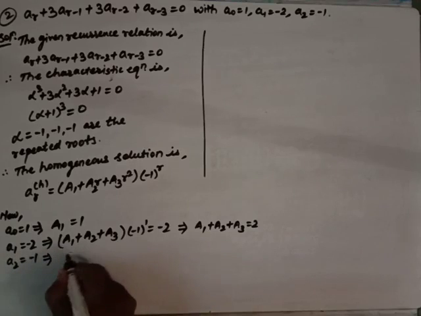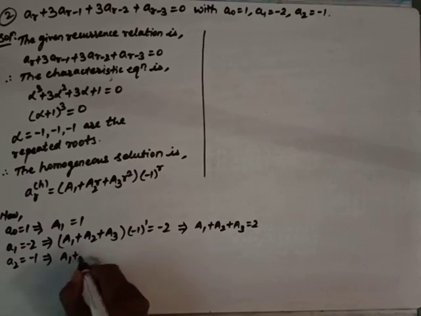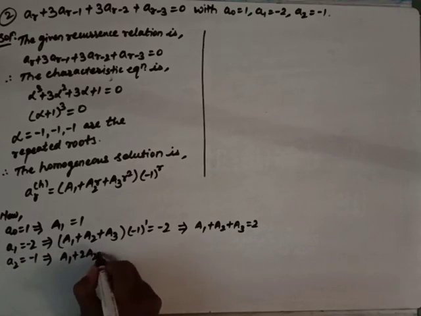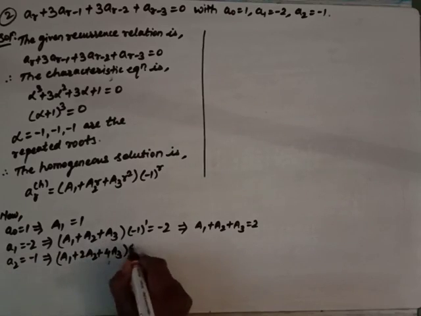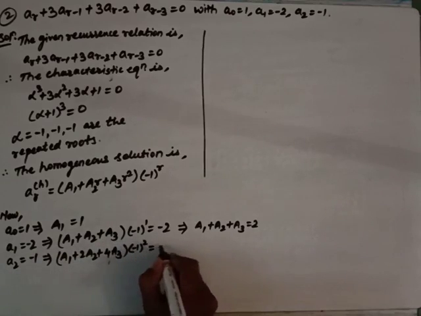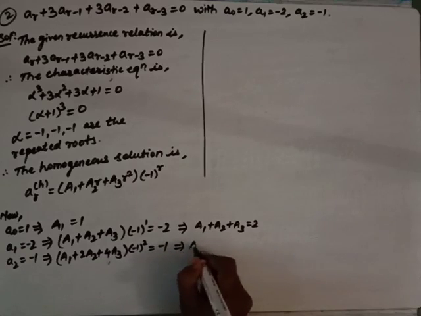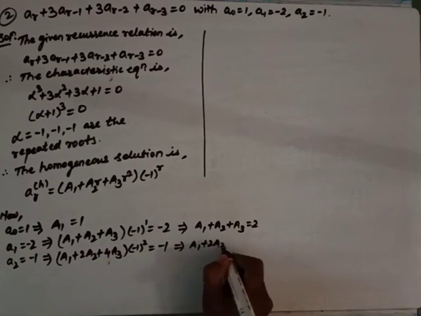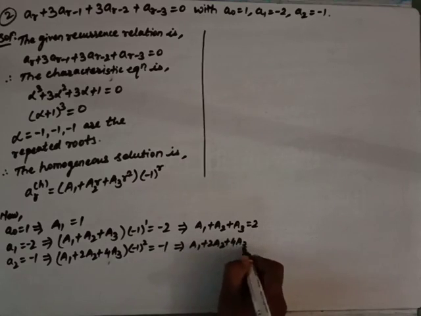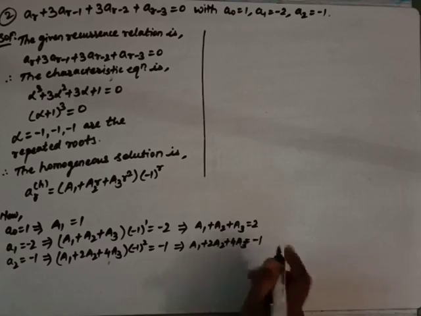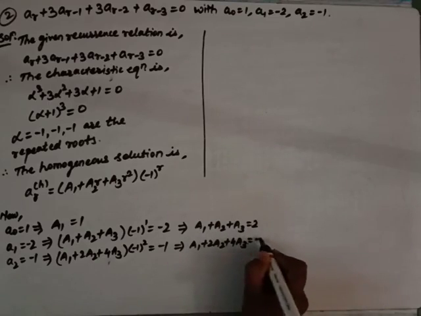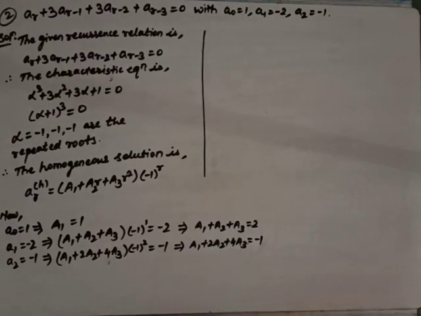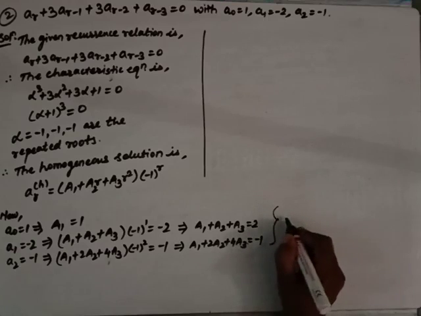Next, a_2 = -1. So that will be (A1 + 2A2 + 4A3) times (-1) raised to 2 = -1, giving A1 + 2A2 + 4A3 = -1. From these we get a new system.